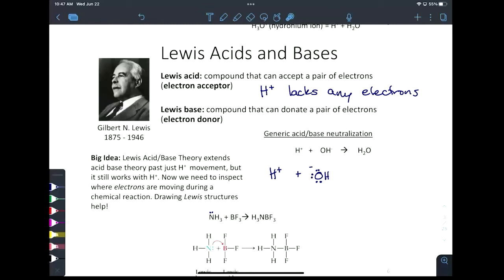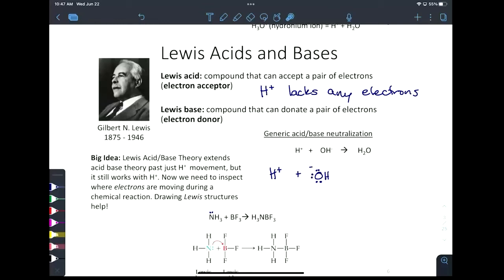So that's why we call Lewis acids electron acceptors. Hydrogen has no electrons, it only has a proton. So typically H+ will accept electrons, it's going to take electrons from somewhere else to form a new bond. Versus Lewis bases are electron donors to form a chemical bond.